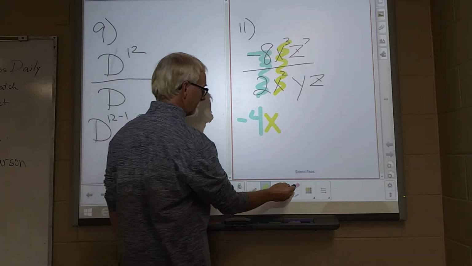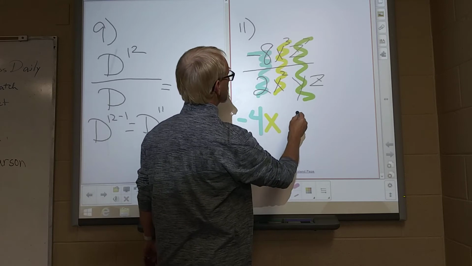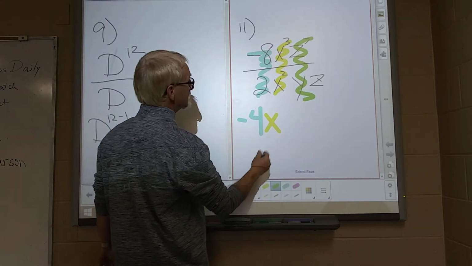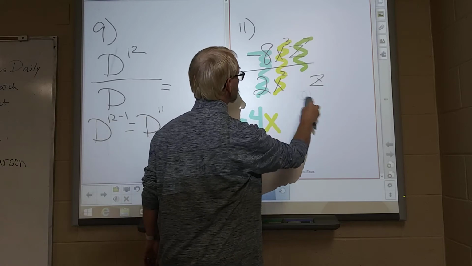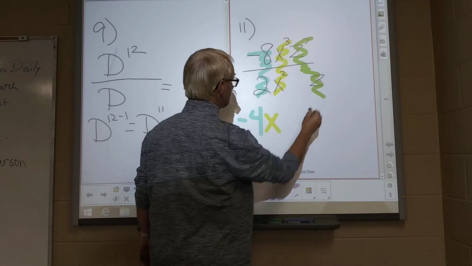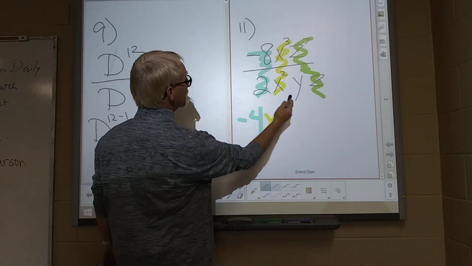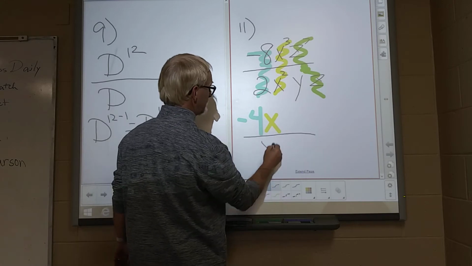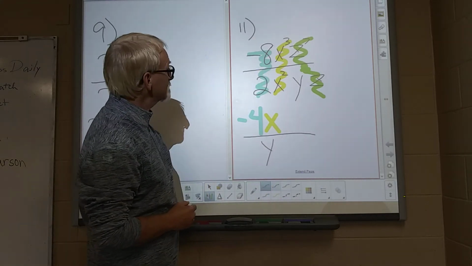And then we have the z to the 7th. Got to do a y in there, don't we? We have a y on the bottom with nothing on top, so you just leave it there on the bottom.